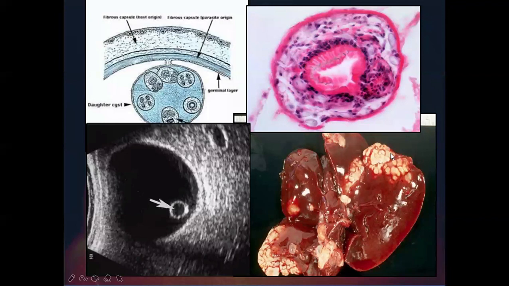And that is how it would look. Your liver would look with several brood capsules and hydatid cysts. So those are cystic structures which contain the daughter cysts and the protoscoleces. So if eaten by the definitive host, they will now be released and infect your definitive host.